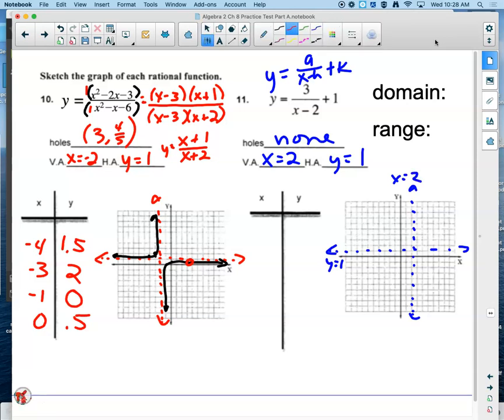And like I said, with this one, I wouldn't punch it into a calculator. First of all, you're going to need double sets of parentheses for this first fraction if you punch it into the calculator. So you could, if you want to, just to check it, y equals parentheses 3 divided by parentheses x minus 2 parentheses plus 1.